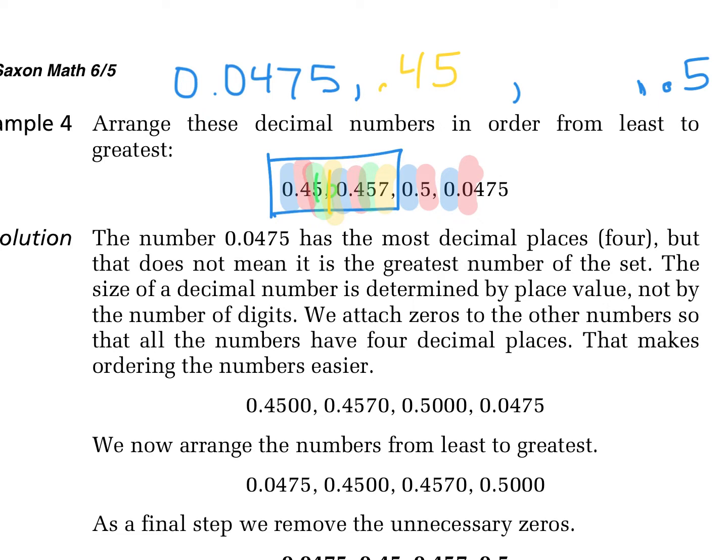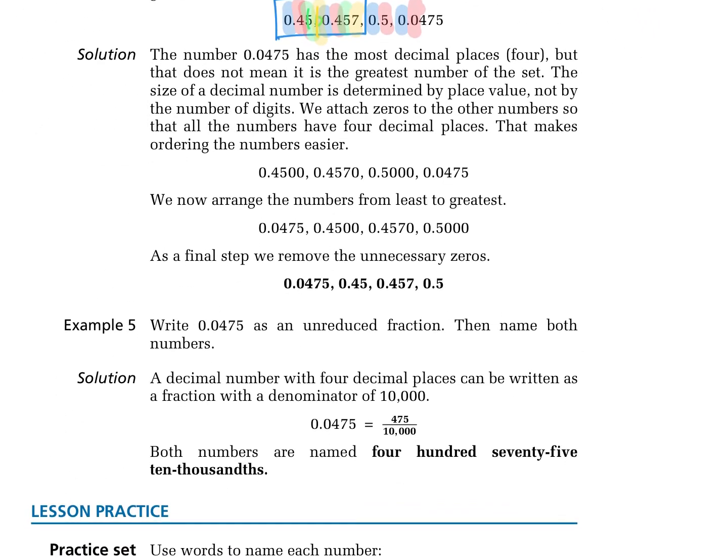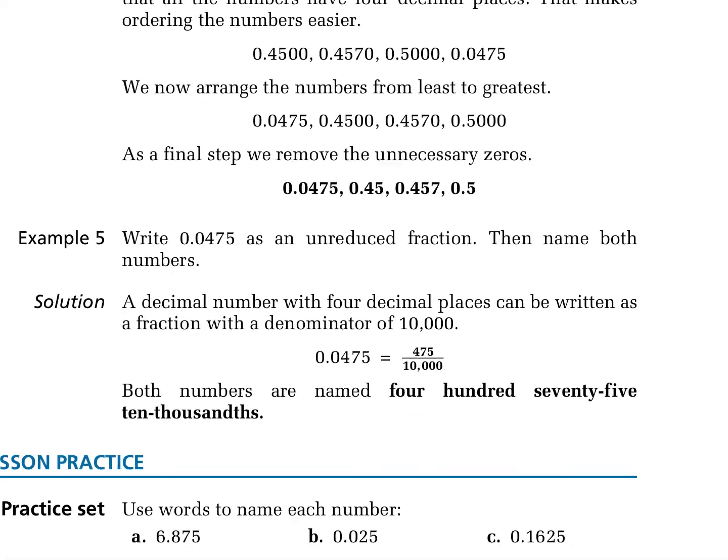And then the next one is, so we have 475 ten thousandths, and then we have 45 hundredths, then we have 457 thousandths, and then we have 5/10. Least to greatest. There it is right there, final answer.